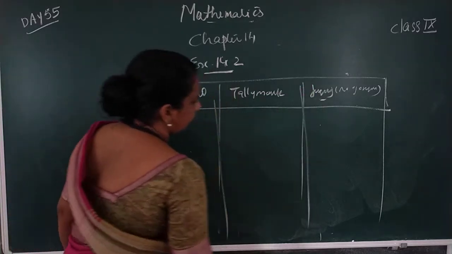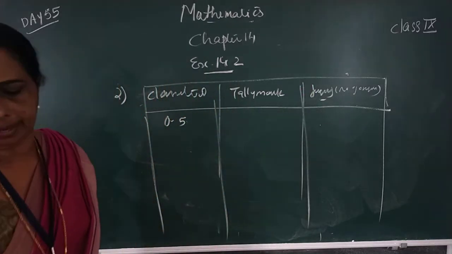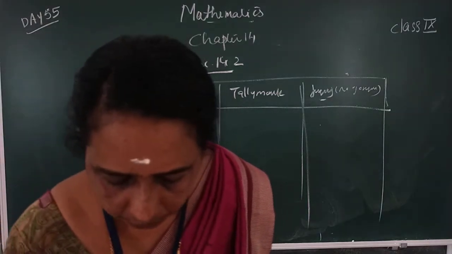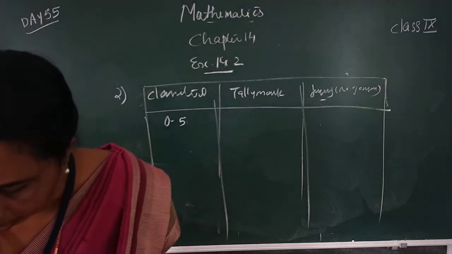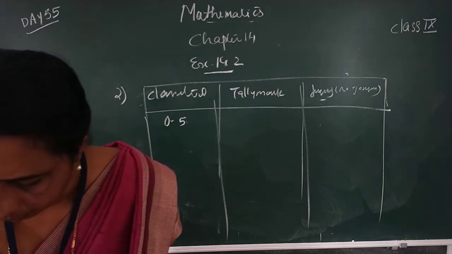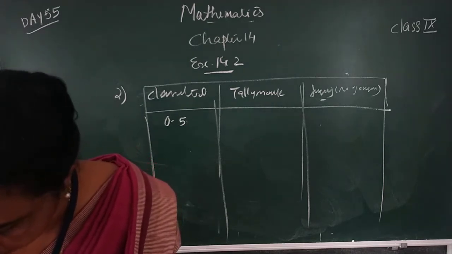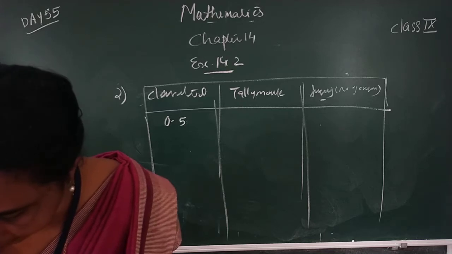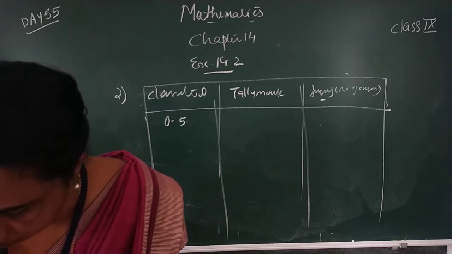Before preparing the class intervals, you have to look at your data, which is the smallest number and which is the highest number. 5 is the smallest number, and the highest number is 32.